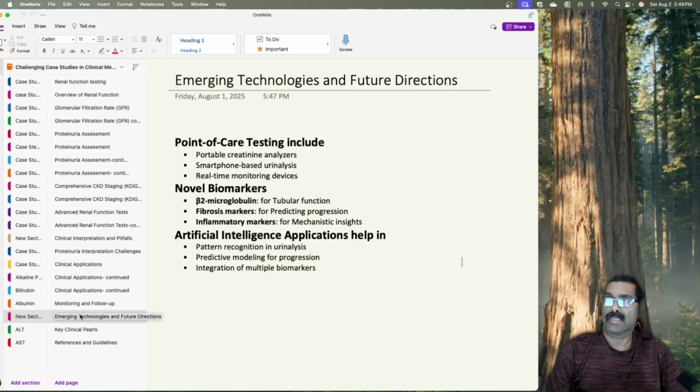Emerging technologies and future directions. Point of care testing includes portable creatinine analyzers, smartphone-based analysis, real-time monitoring devices. Novel biomarkers: beta-2 microglobulin for tubular function, fibrosis markers for predicting progression, and inflammatory markers for mechanistic insights.